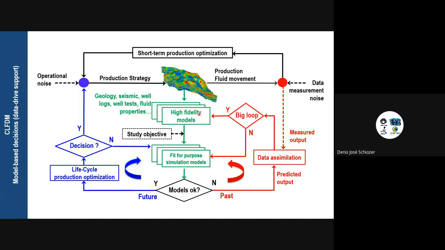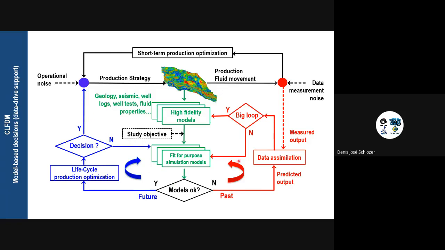And then we transfer the data again to these medium fidelity models or feature purpose models, and so on. We go to the next cycle. And sometimes the differences are not so big. We can go directly and change the models here. We don't need to go to all this process. So we have these both options here: to change the simulation models or to change the high fidelity models that will be changed to the simulation models, okay?